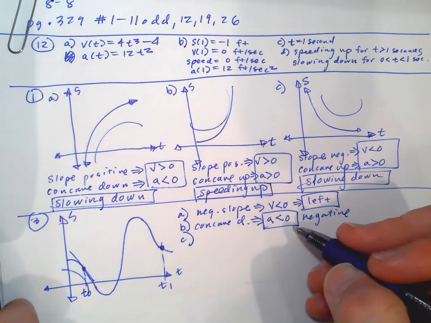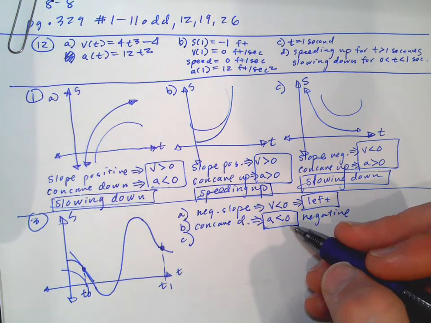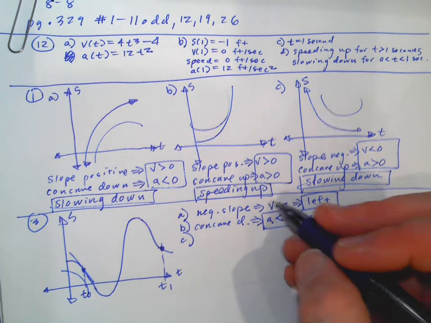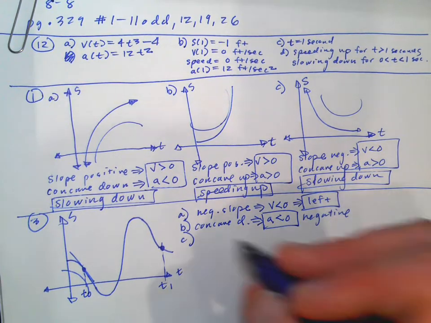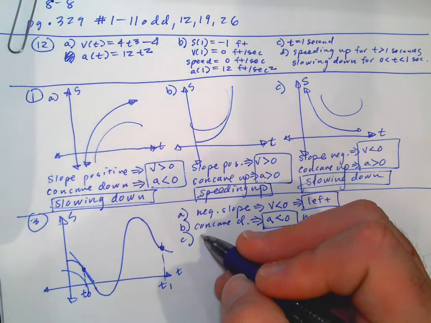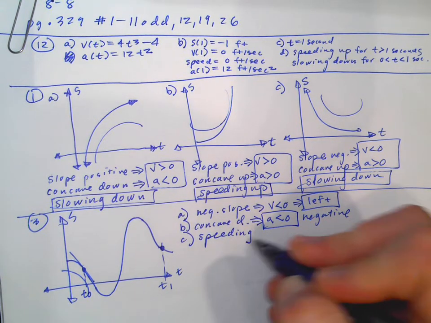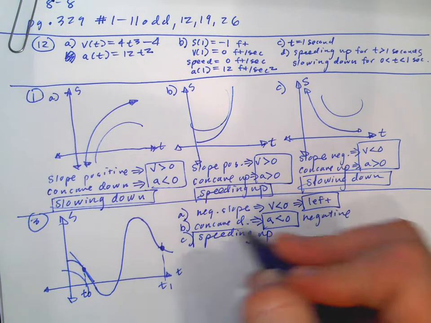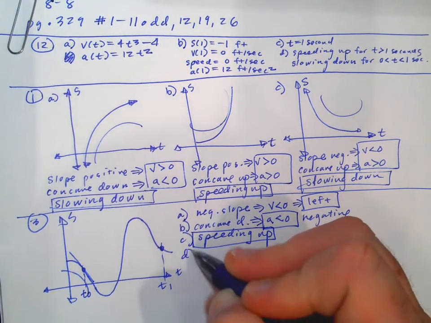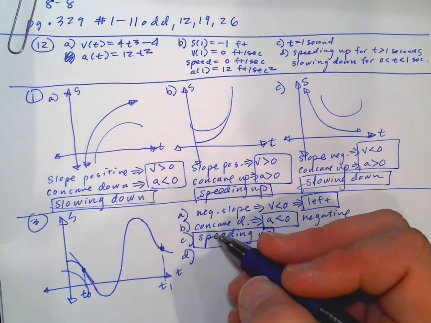C, is the particle speeding up or slowing down? Well, we just looked. It has negative velocity and negative acceleration, so it is speeding up. Acceleration and velocity are acting in the same direction, speeding up in the negative direction. D, is the particle speeding up or slowing down at time 1?